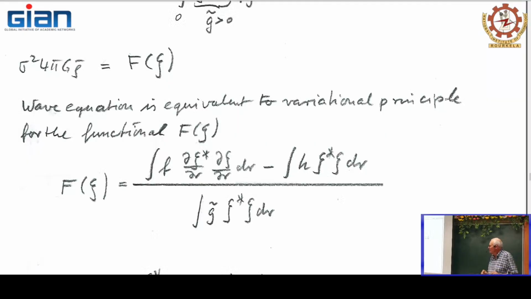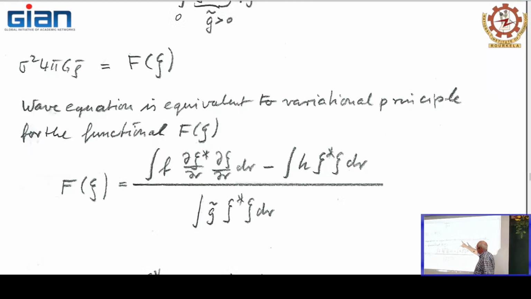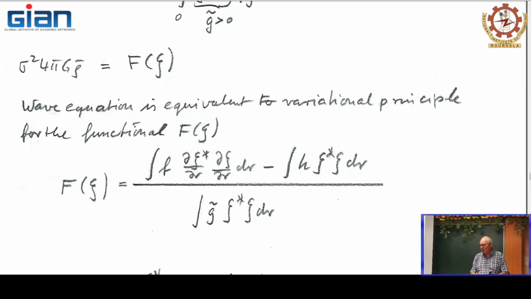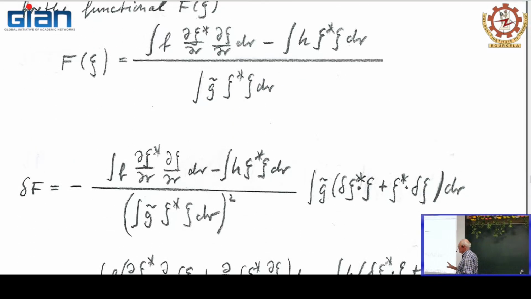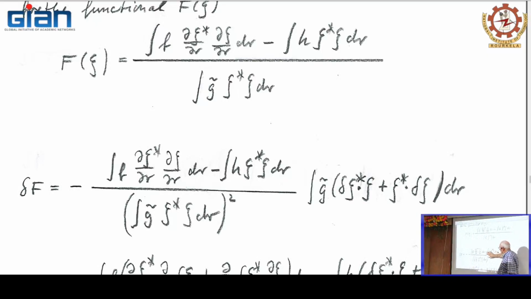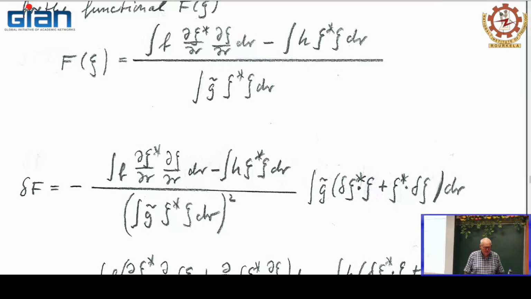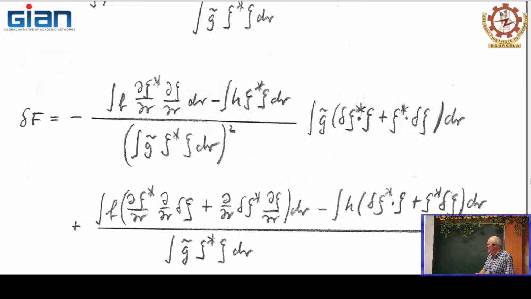So f of zeta is equal to sigma squared times 4 pi g times the mean density. And then we can write at least part of it. The denominator divided by one of these integrals is just sigma squared times 4 pi g times the mean density.